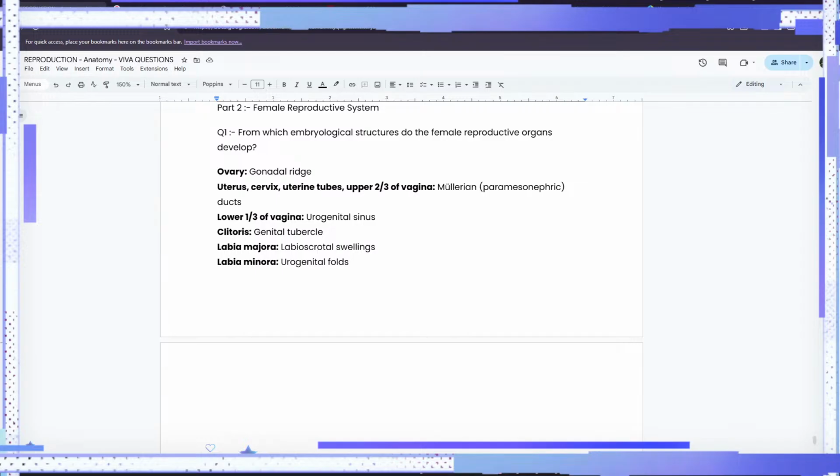Development of the uterus. हो गया ना, Mullerian ducts ही तो है. Like, और क्या? We're good. Honestly, I think we're good. Yeah, 100%, 100% we're good. 100% we're good.